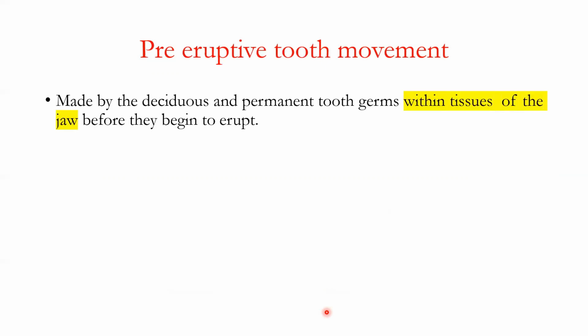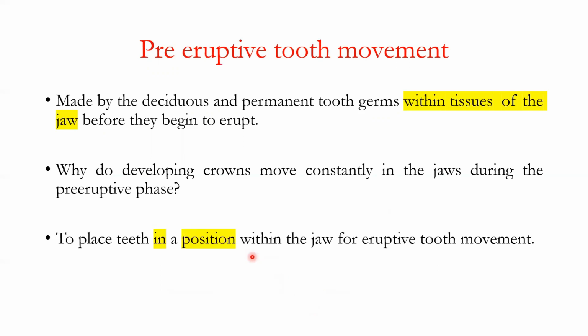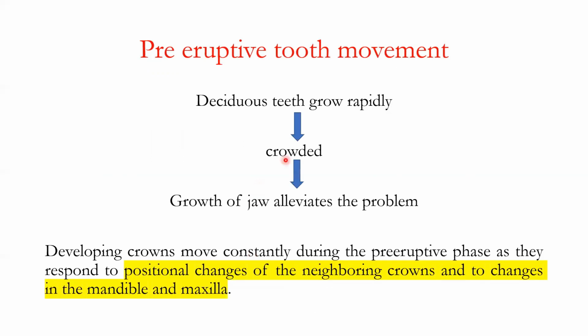So pre-eruptive tooth movement is the movement of the tooth germ within the jaw before the teeth even begin to erupt. Why do these crowns move constantly within the jaws? This is to place the tooth in a position within the jaw for the eruptive tooth movement to begin. The deciduous teeth grow rapidly and there are permanent tooth germs as well, so it gets very crowded within the jaw.